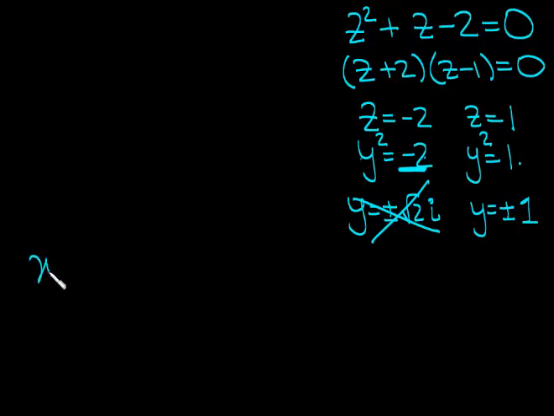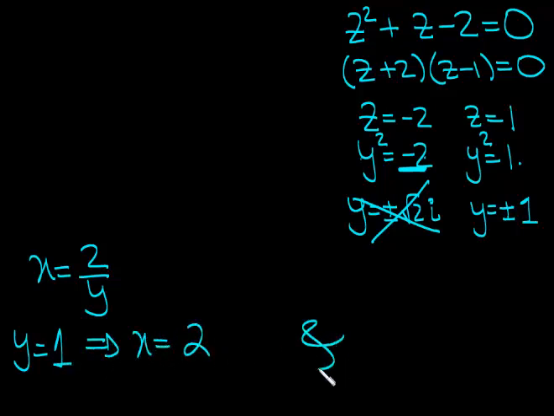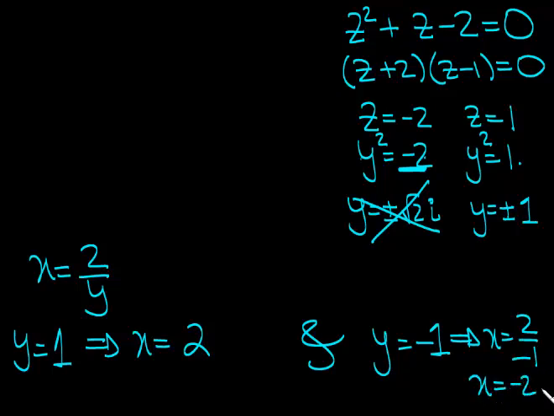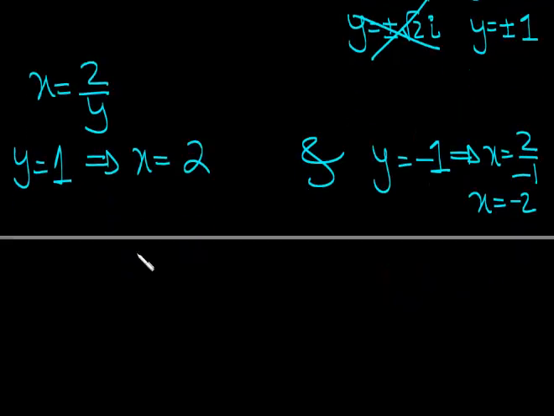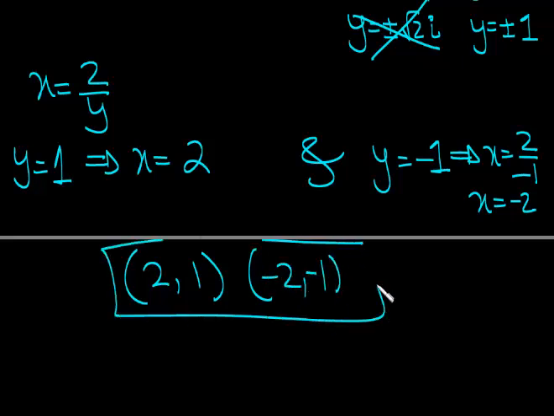If y is equal to 1, then x is equal to 2, and if y is equal to minus 1, then x is equal to 2 over minus 1, so x is equal to negative 2. So what are my 2 points of intersection? X is 2, y is 1, and x is negative 2, y is negative 1. So those are my solutions.